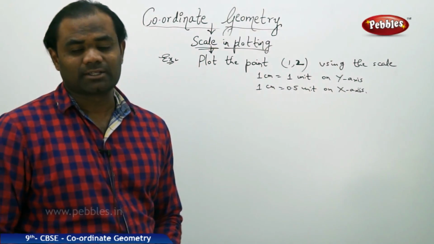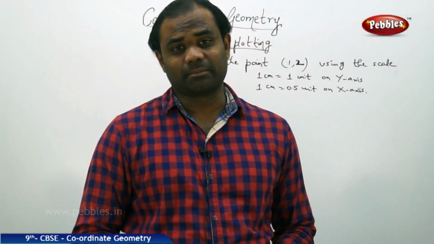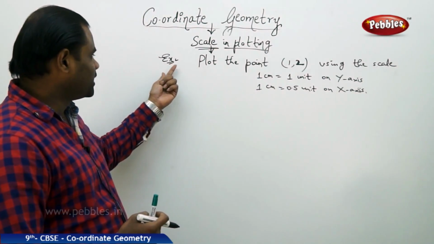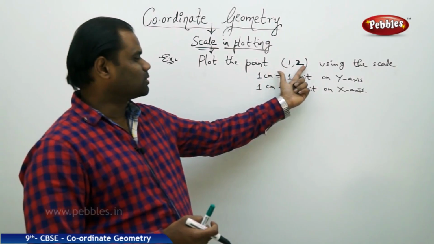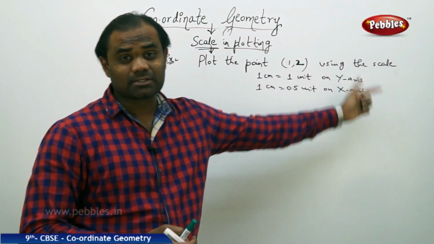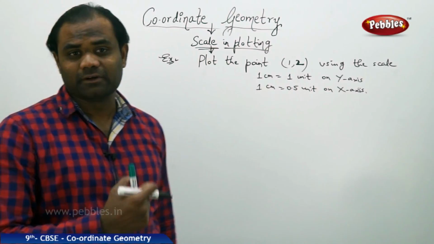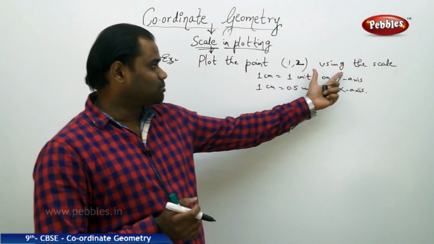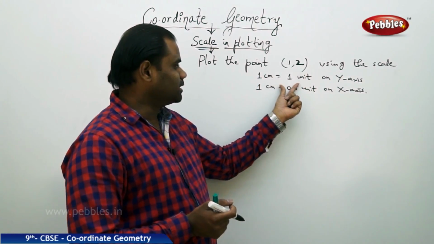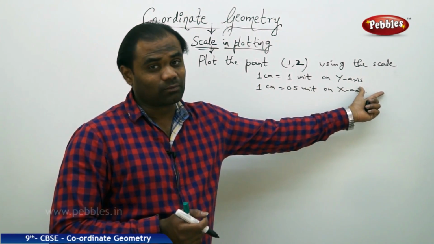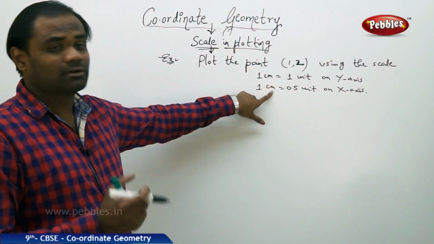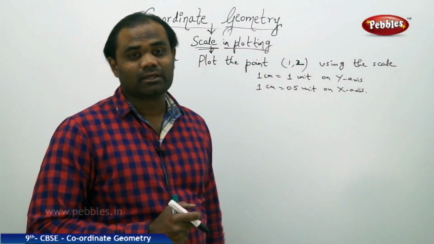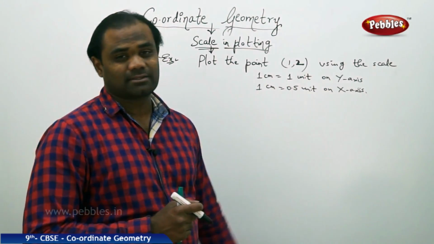Now let's try to understand the scaling concept better using this example problem. The example problem reads clearly, plot the point (1, 2) using the scale. That means the scale is clearly referred to here with suitable distance fixed. Now the scale in this problem says 1 centimeter is 1 unit which we need to take on y-axis, and every 1 centimeter of the grid in the graph sheet should be measured with 0.5 units on x-axis.